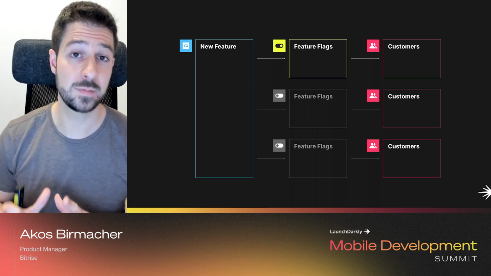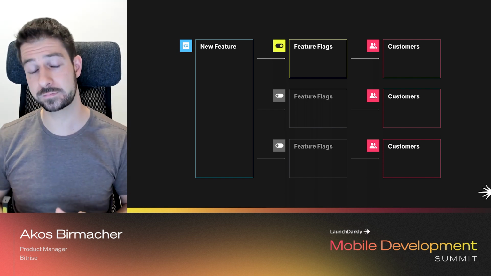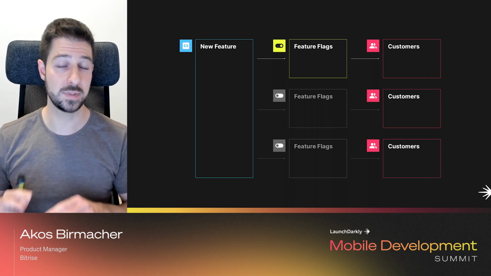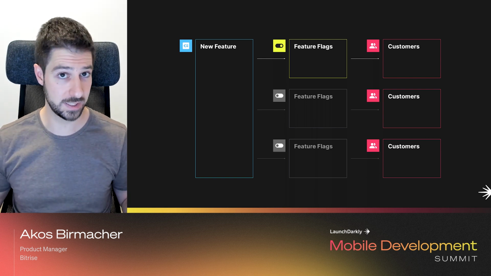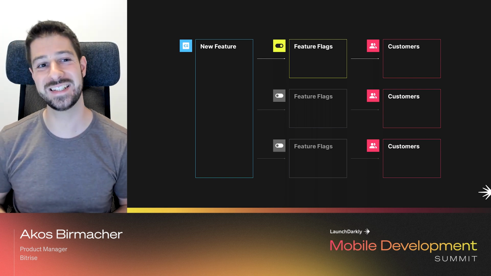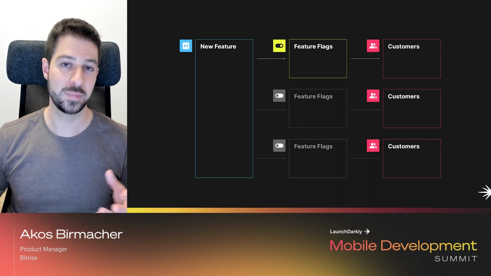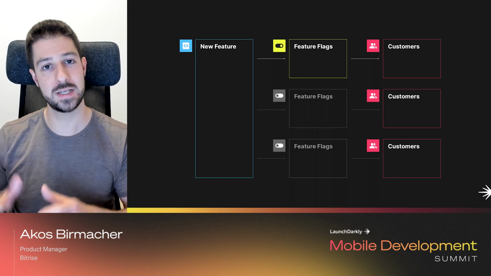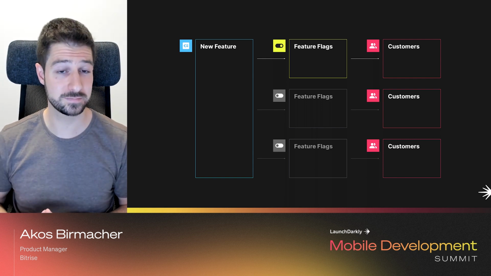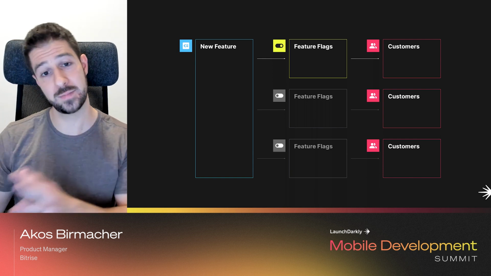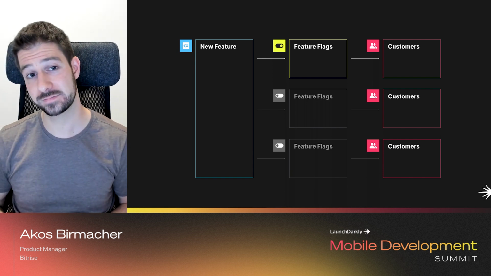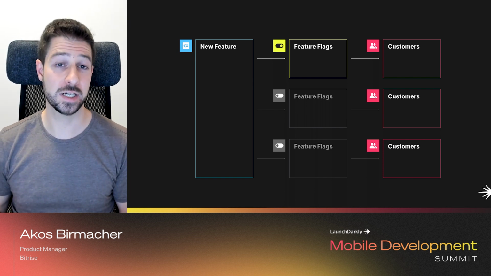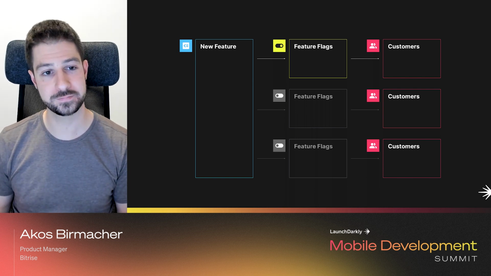Let's say your team is working on a new login page. Everything is done, implementation is done, the QA team has tested it, so you can release to production, but the team is feeling that this is a bit too big a change. So to minimize the impact of a faulty release, why not move everything behind a feature flag and release the new login page to production behind the feature flag?